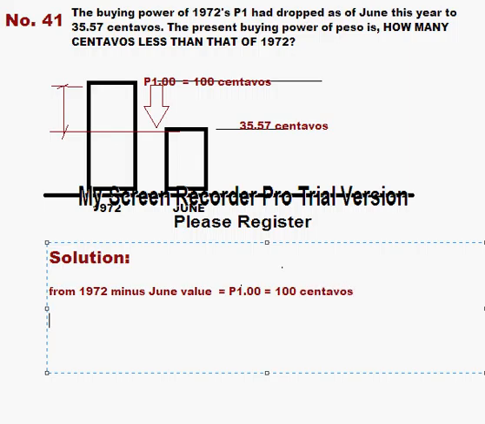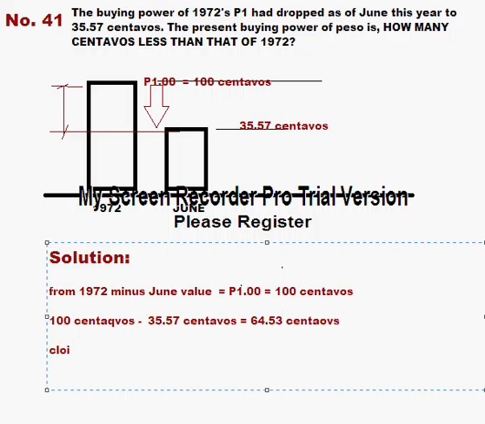So 100 centavos in 1972 minus 35.57 centavos will give you 64.43 centavos. Now there are choices given to us.